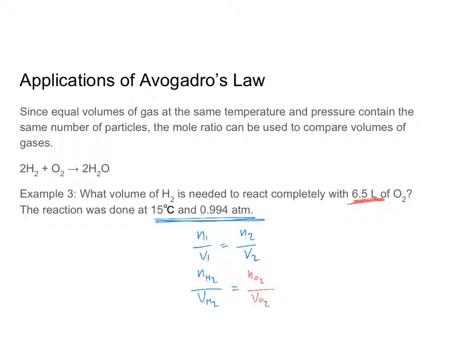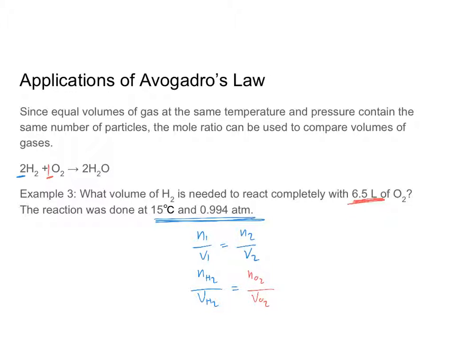If I'm told that the volume of oxygen is 6.5, I have to assume that the volume of hydrogen is going to be some relative value according to that. From the balanced chemical equation, I know that the number of moles of O2 is 1, and the number of moles of H2 is 2. So there's a relationship there.